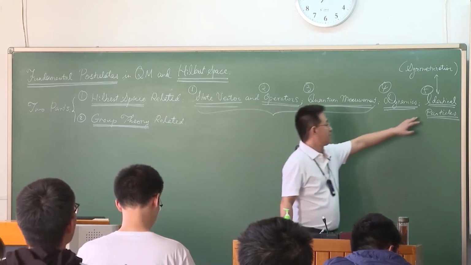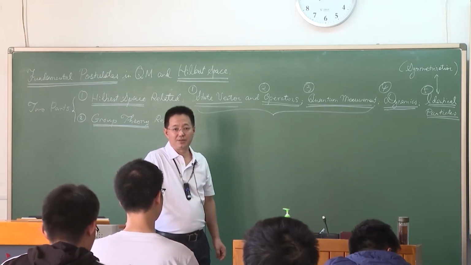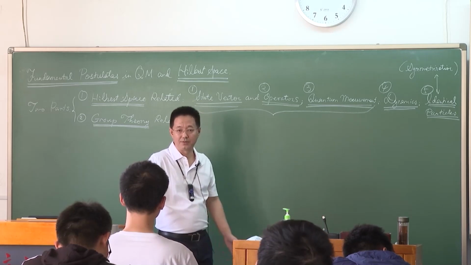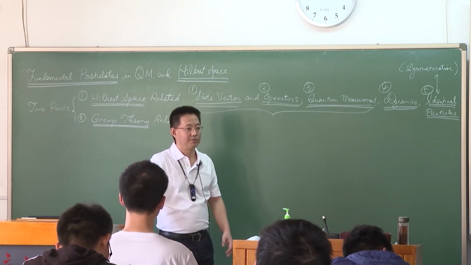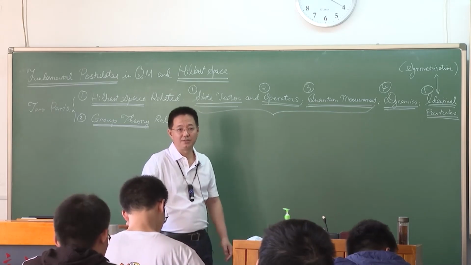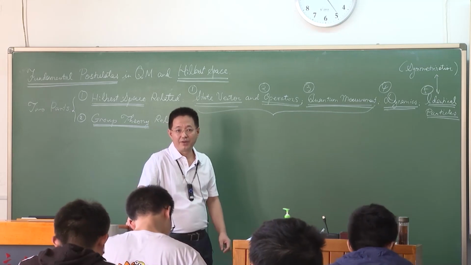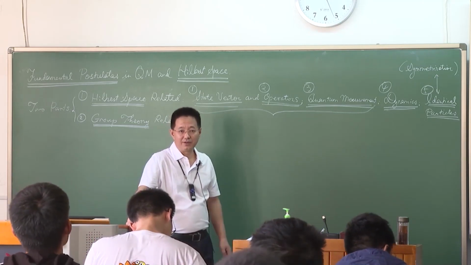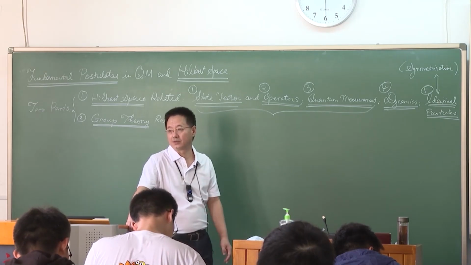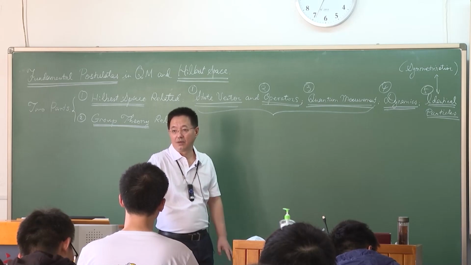And the last postulates are very specialized. That is related to many particle systems, for the identical particles, for the bosons and for the fermions, for the second quantization, for the field theory, and so on. Eventually we'll mention something about the identical particles, but that is not the important point of this course.